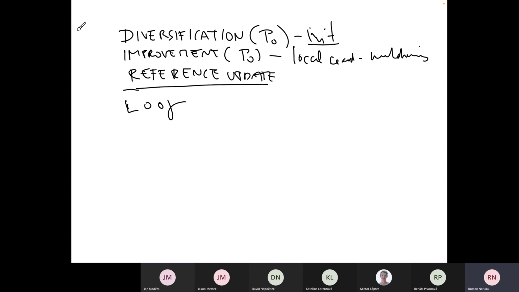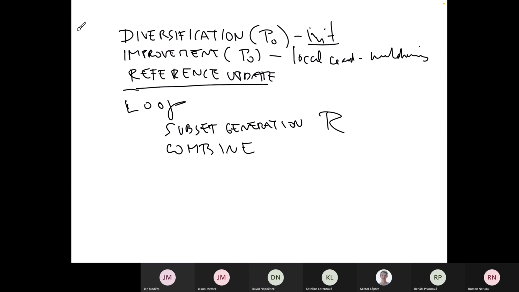Now we're looping, and so we're generating a subset from the reference points. We're combining them, and then doing improvement again.